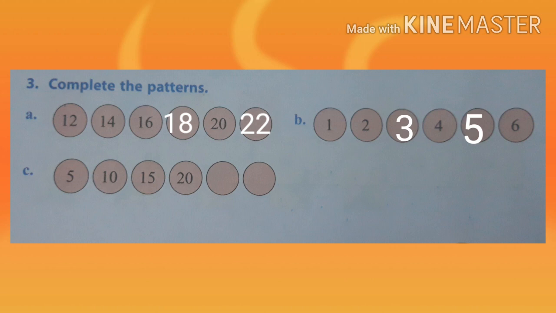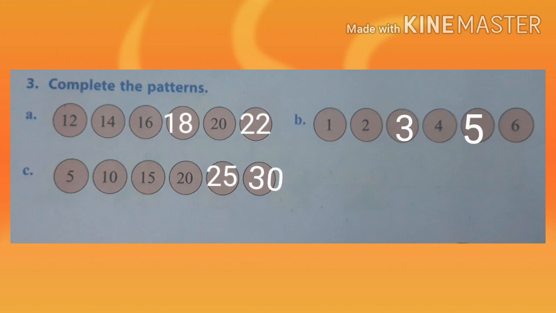So when 5 is added to the first number 5, we will get 10. When 5 is added to 10, we will get 15. Like that the pattern continues. So after 20, yes, we have to add 5 to the number 20. 20 plus 5 gives 25. Then 25 plus 5 gives 30.